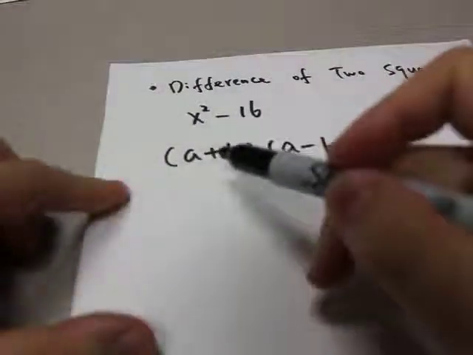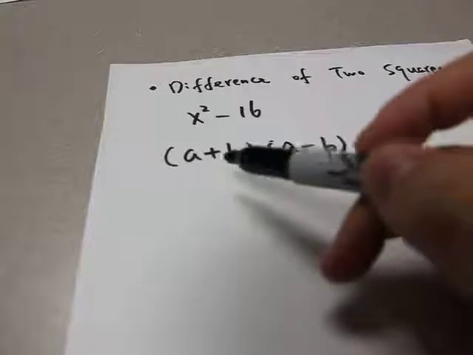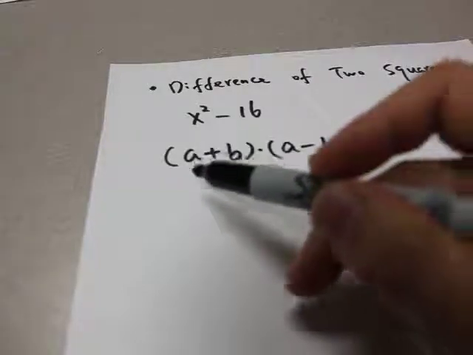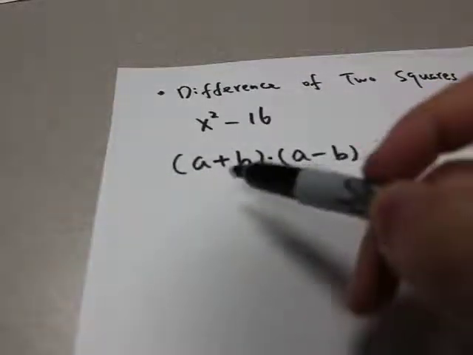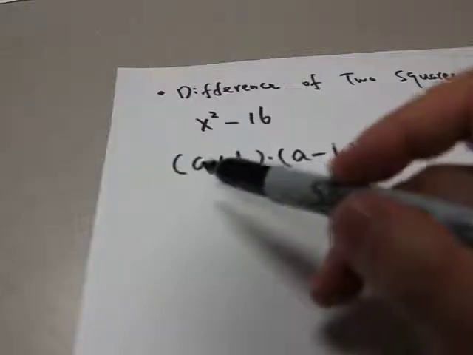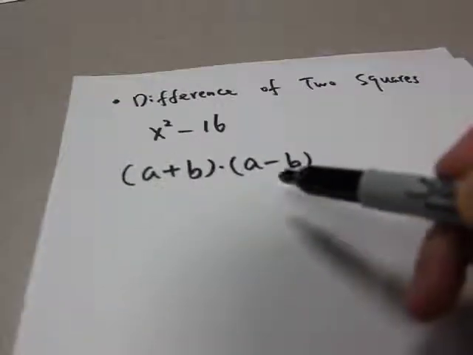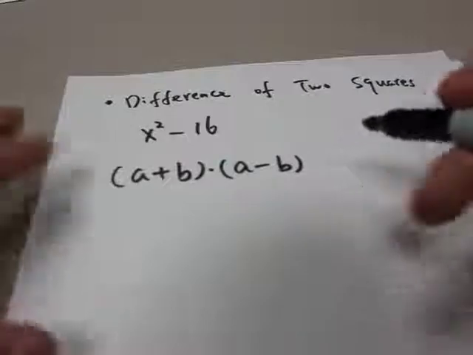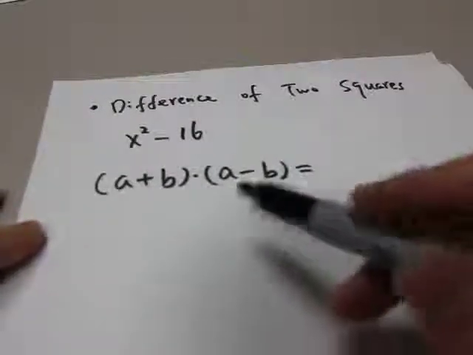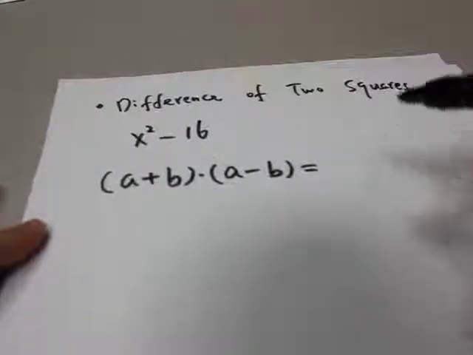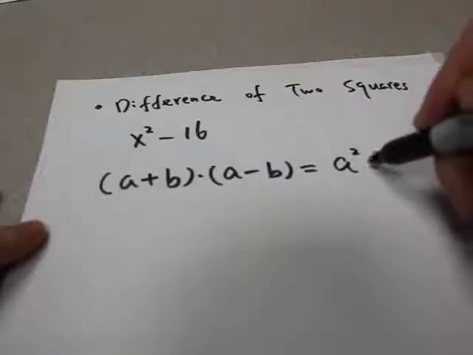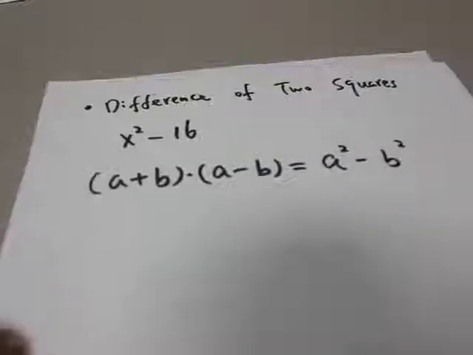Each binomial has the same terms a and b, but the difference is in one binomial it is a plus b, and in another binomial it is a minus b. And we said the product of these two binomials is a squared minus b squared.